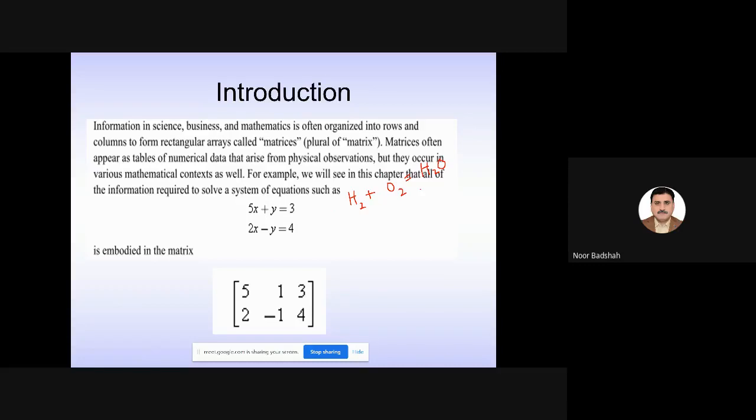It's a very simple one. Everybody knows how to balance this one. But what we do is use a system of equations to balance this reaction. So let me take x here, y here, and z here. First we generate equations from it. We count atoms of hydrogen on both sides first.